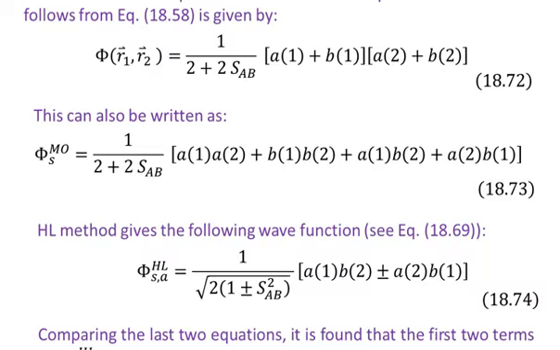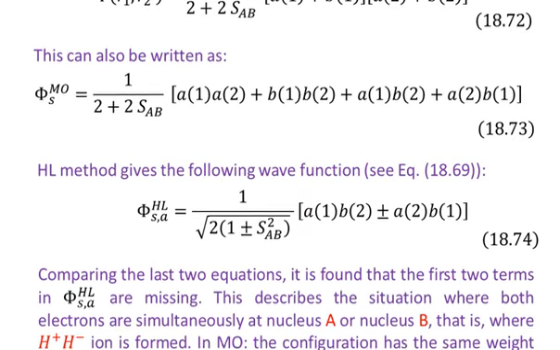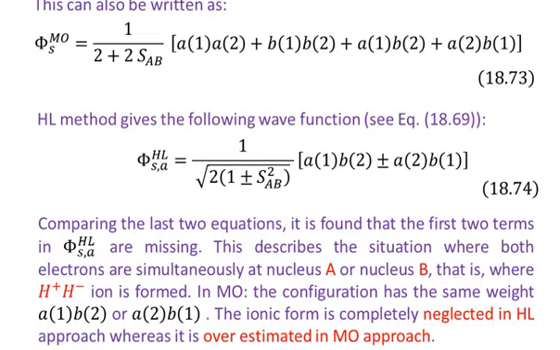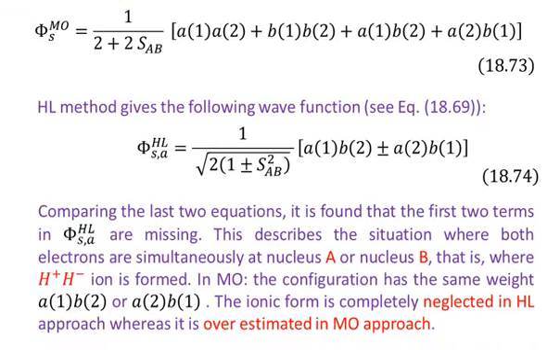And we can very easily compare the two wave functions. Comparing the last two equations, it is found that the first two terms in the wave function of Heitler and London are missing. You know that there are two terms, a of 1, a of 2 plus b of 1 and b of 2.